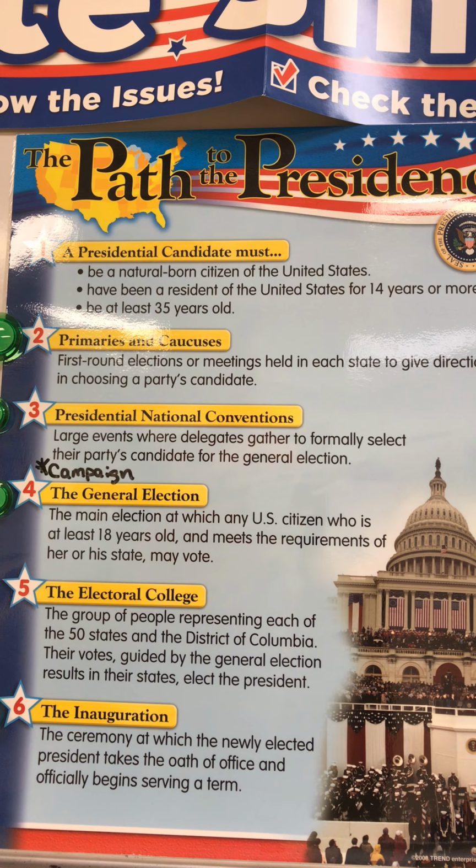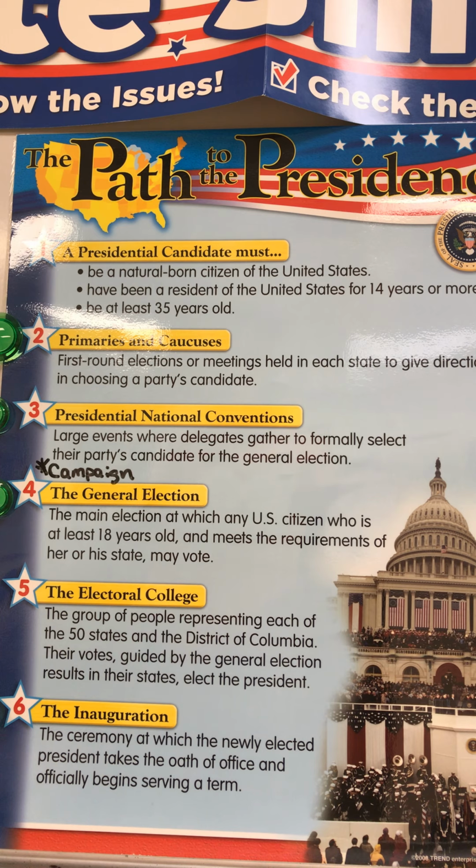So the first event that we have are the primaries and caucuses. In Texas, we call them primaries. Some other states call them caucuses. Those are the first round elections or meetings held in each state to give direction in choosing a party's candidate.